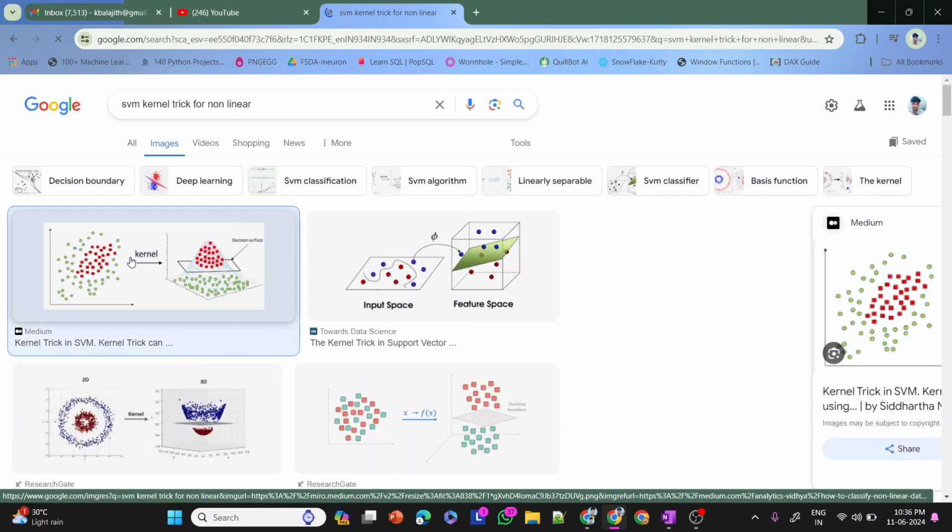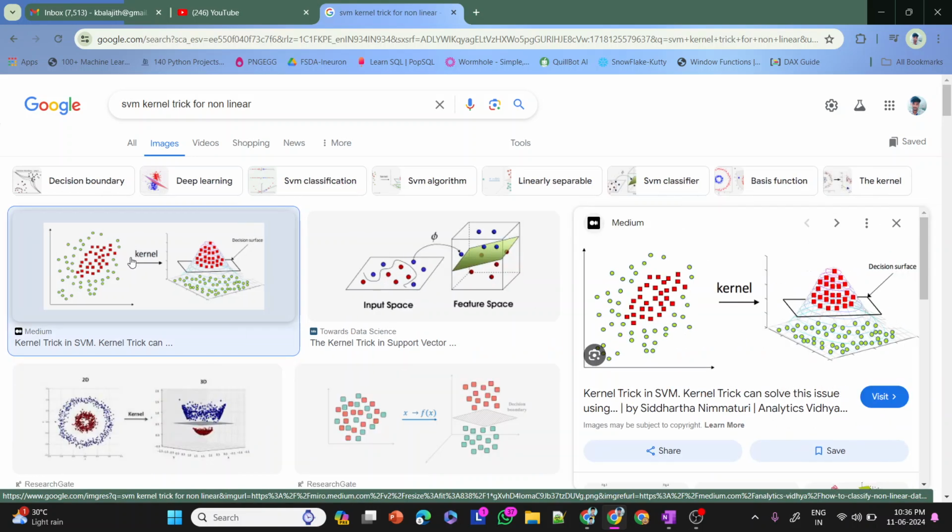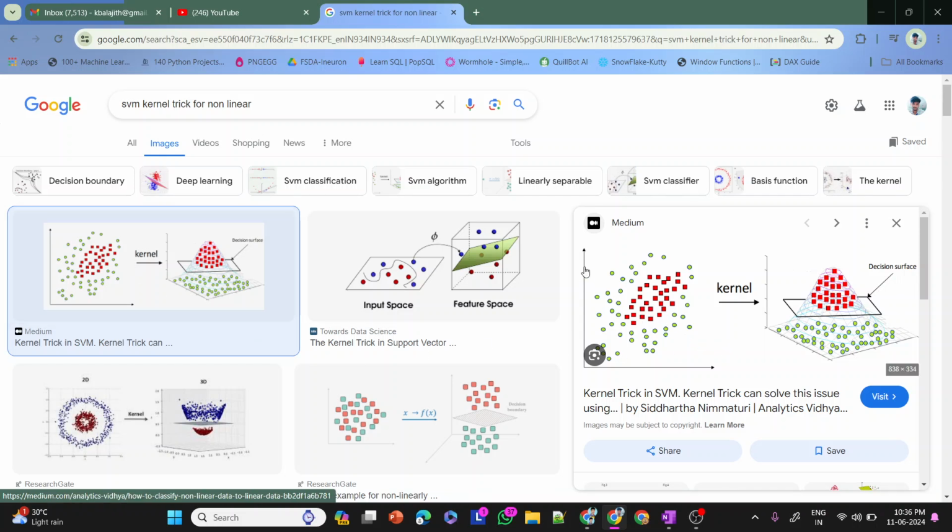You can easily understand what I am trying to say. For example, this data is in a non-linear format, in two-dimensional vector space.